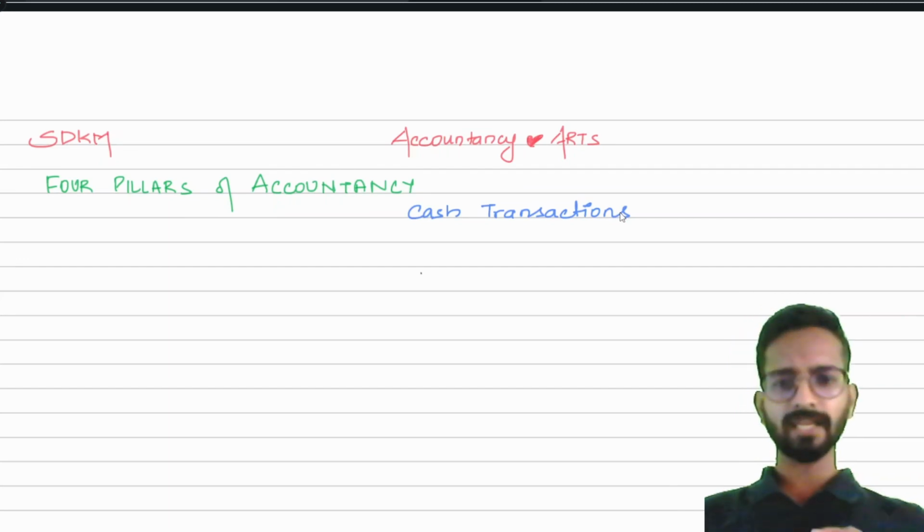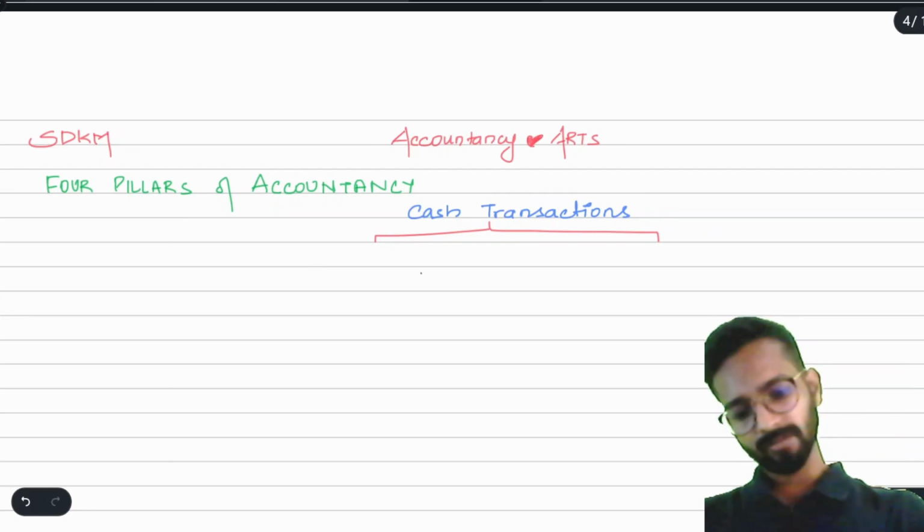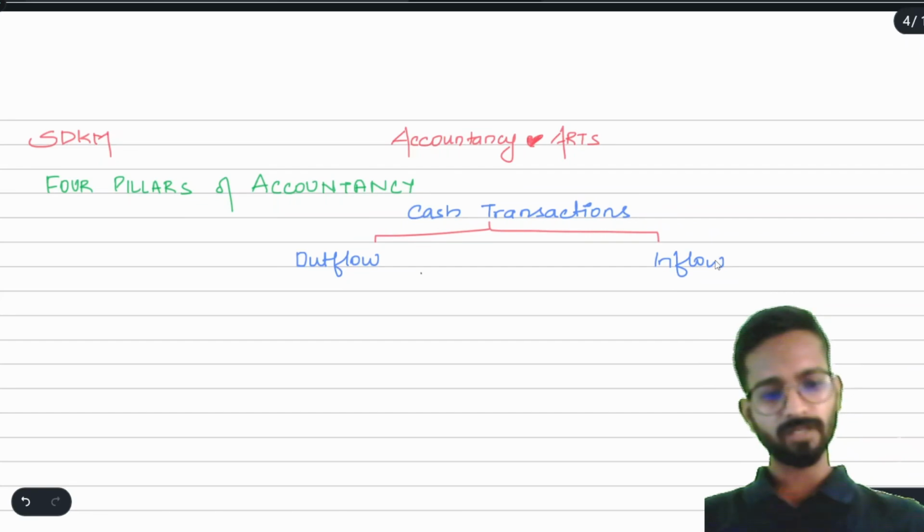So basically I can say that cash transactions can be broken into two parts. What are the two parts? Either there will be an outflow of cash or there will be an inflow of cash. There cannot be any other possibility.